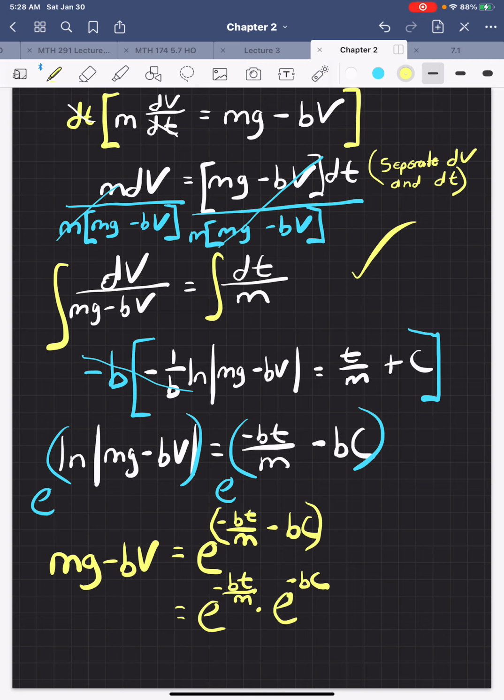Are you with me on what I just did? If you multiply like bases, you add the exponents. So if I can go from here to here, no problem, just add the exponents. We went the other way.